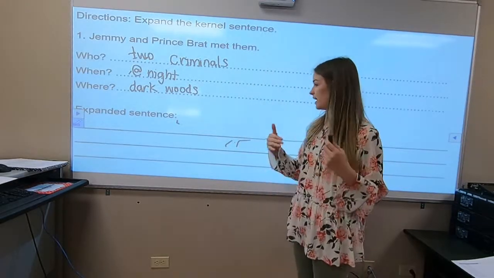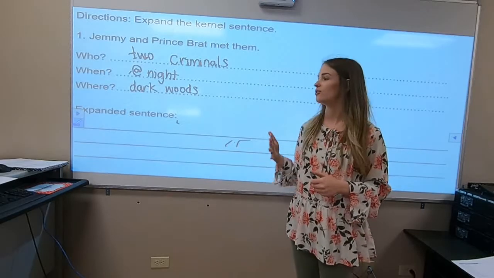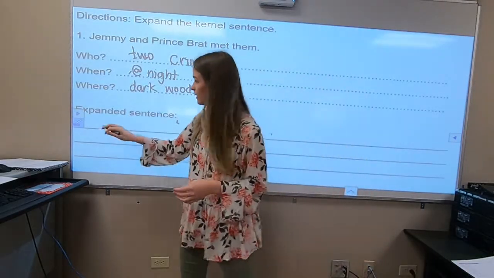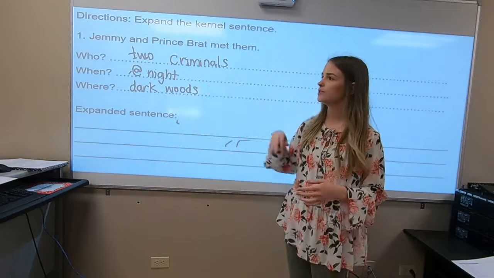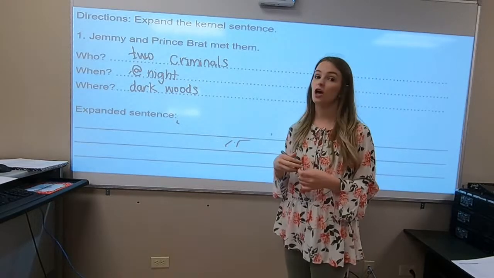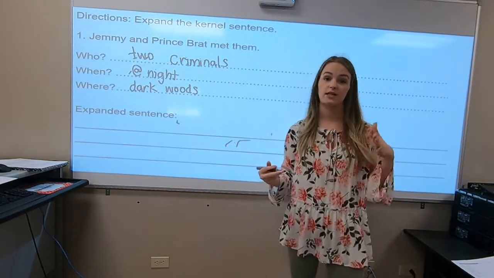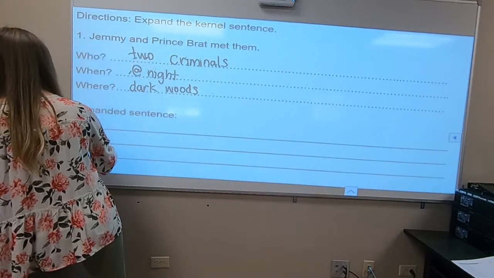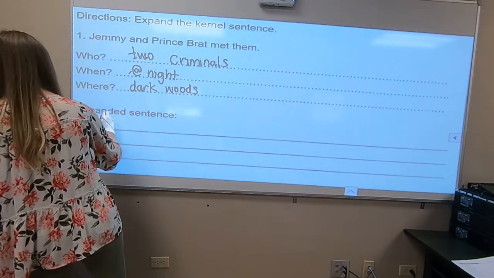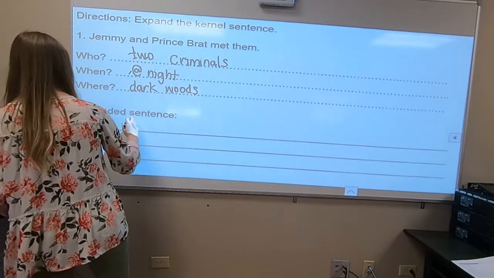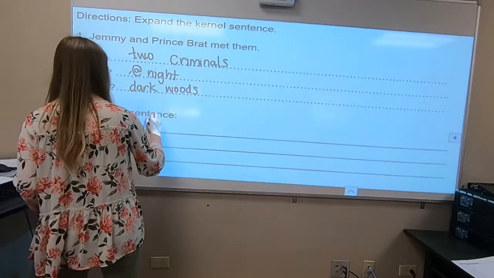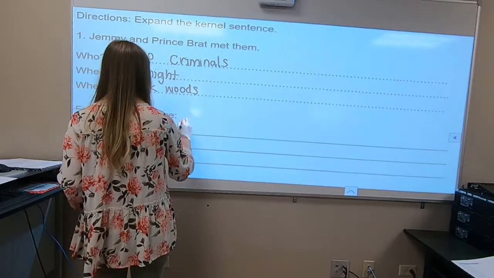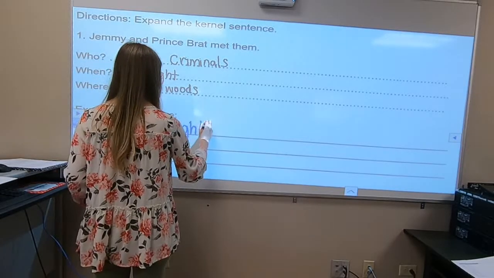Now it's time to expand this sentence and put it all together. The first thing we are going to start out with is our when. We always start our sentence with when. So I'm going to start out at night.